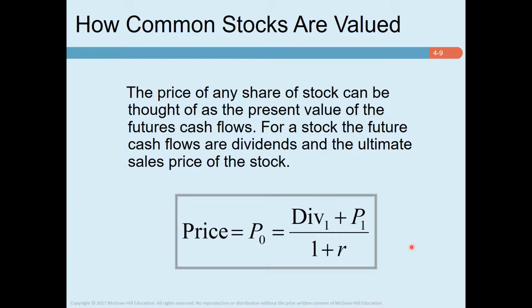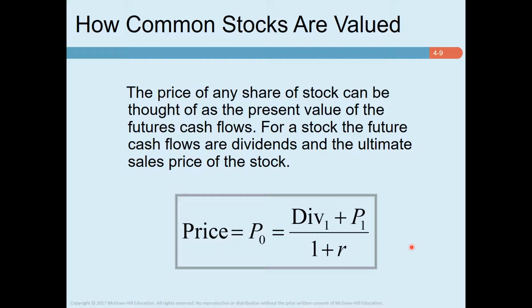Now, how do we calculate the value of a stock? As I already said, the value of a stock will be the present value of all future dividends. Now, if we expect to hold the stock for a particular time period, let's say you buy a stock now and you want to sell it after 1 year, then how do you calculate the value of a stock?